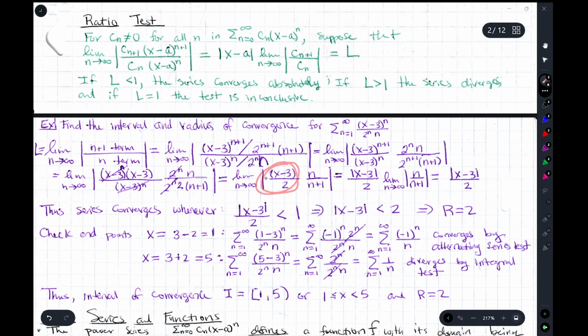This is just constant. Well, x is a variable, true, but for the limit, which is dependent on n, x is just treated as a constant. So we could take it right out of the limit, and we get just this left inside the limit, and this is 1. And so we end up getting this term here.